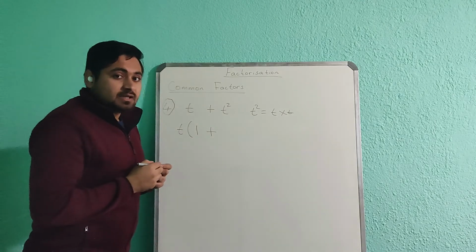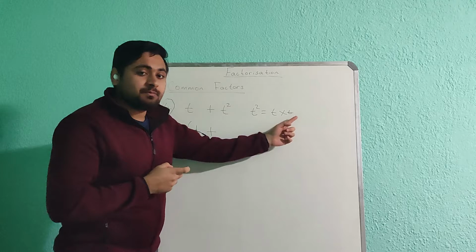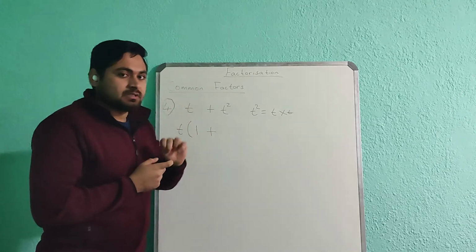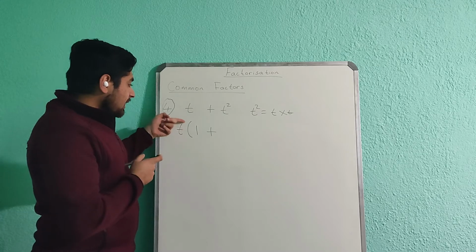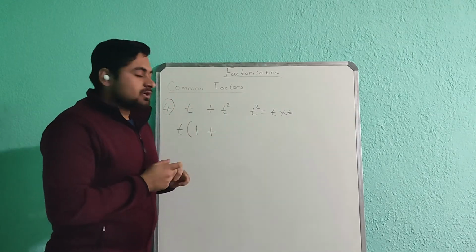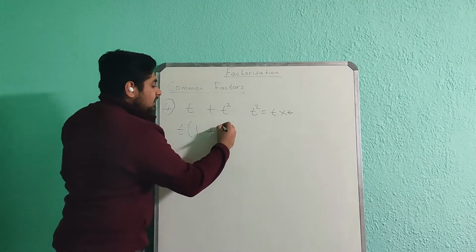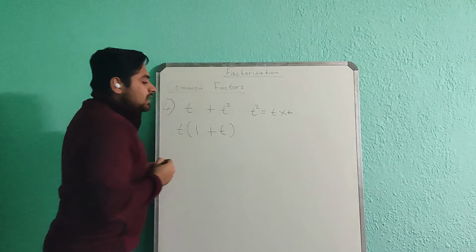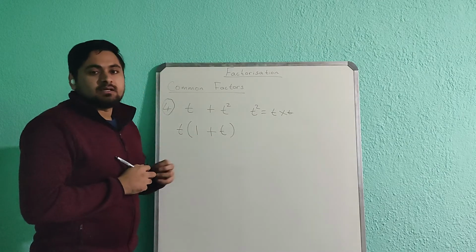So as we already said in the starting of this example, t squared stands for t times t, meaning there are two t's, right? So we have a 1t here, its power is 1, but here we need the power of 2. So how many t's are missing? One more, right? So therefore we write another t. So the answer for this one is t into the bracket 1 plus t.